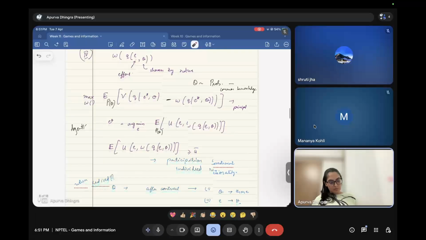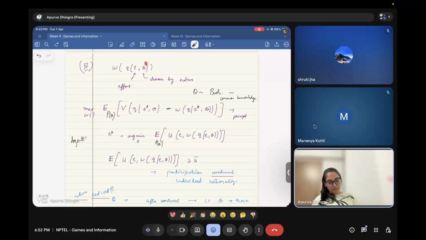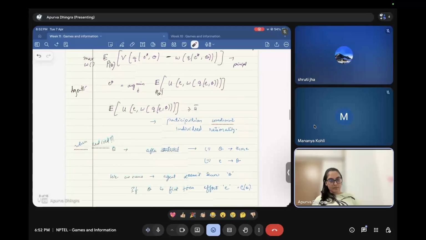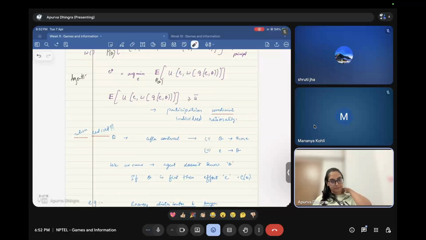Okay, so now, like I was saying, because we have introduced the presence of nature, it matters what is happening. Is theta something that gets realized first, and then the agents put in efforts, or is it the other way around? Is the agent even aware of what this theta value is?